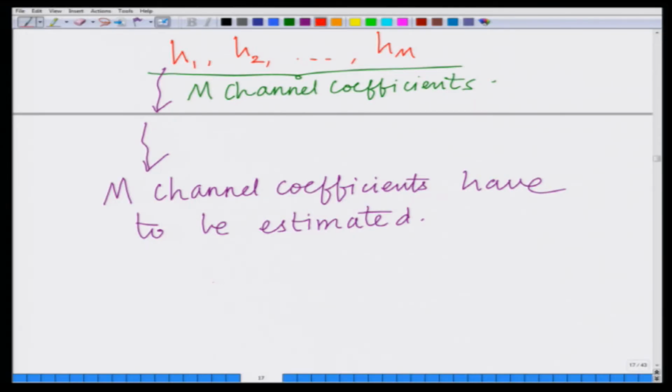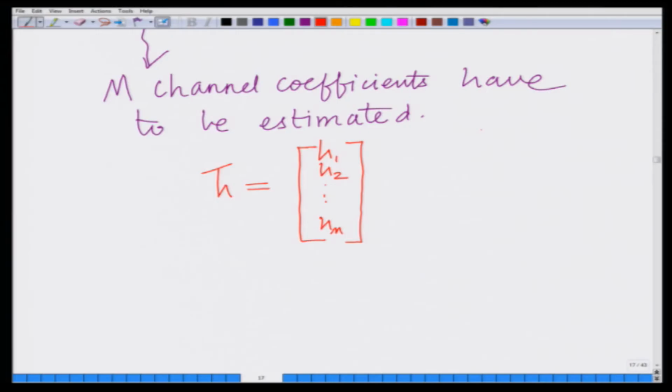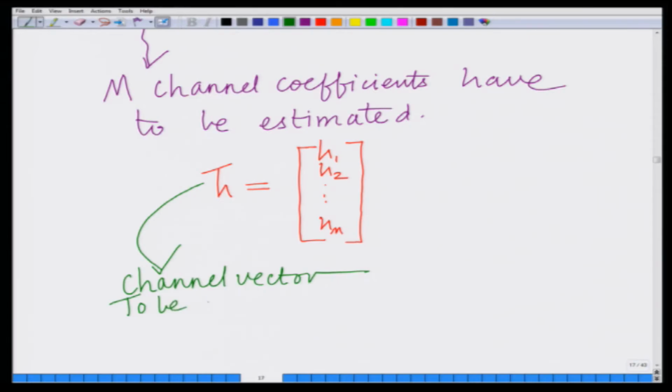So, now these M channel coefficients can be denoted by the vector h bar equals h1, h2 up to hM. So, this is the channel vector which has to be estimated.